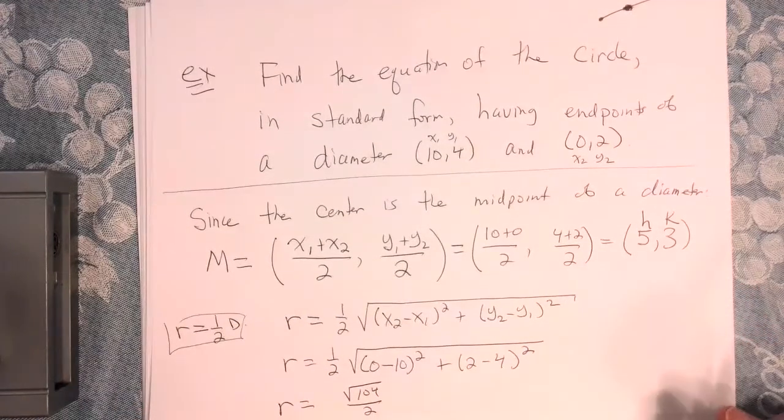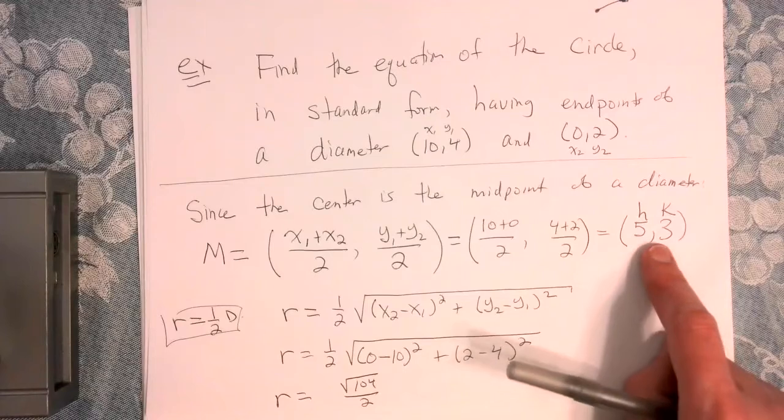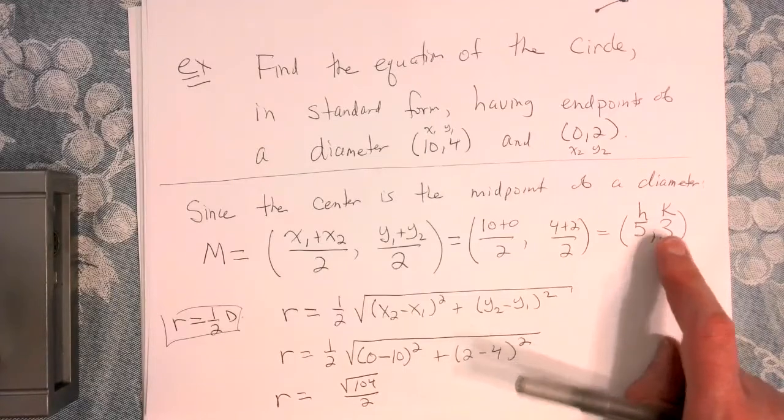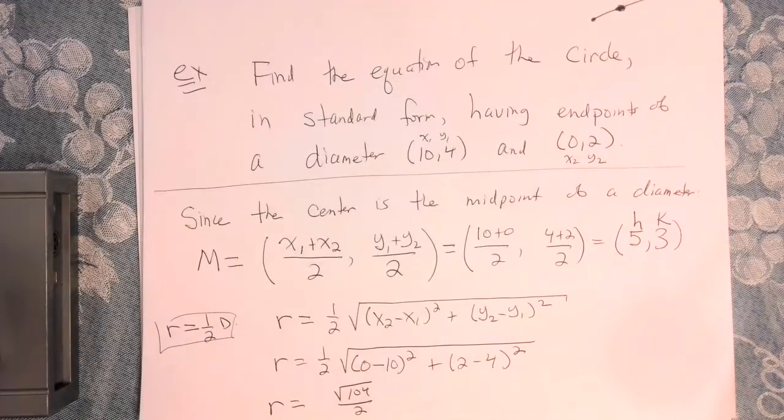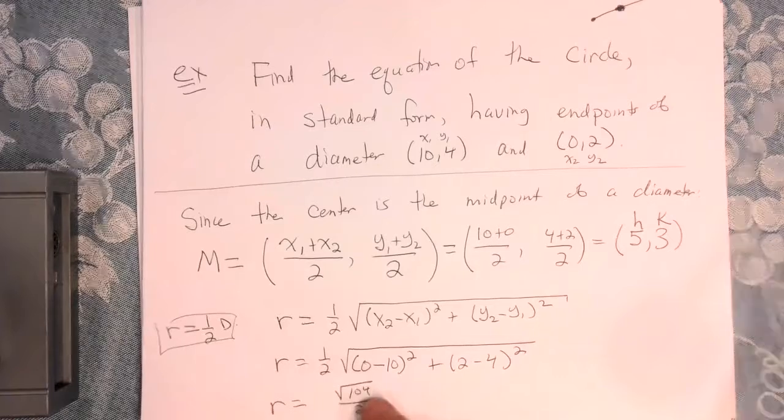That's our radius. So remember, we need to take this piece of information right here, the center and the radius. We want to take it to our standard form of a circle. And just remember, we're going to need r squared.